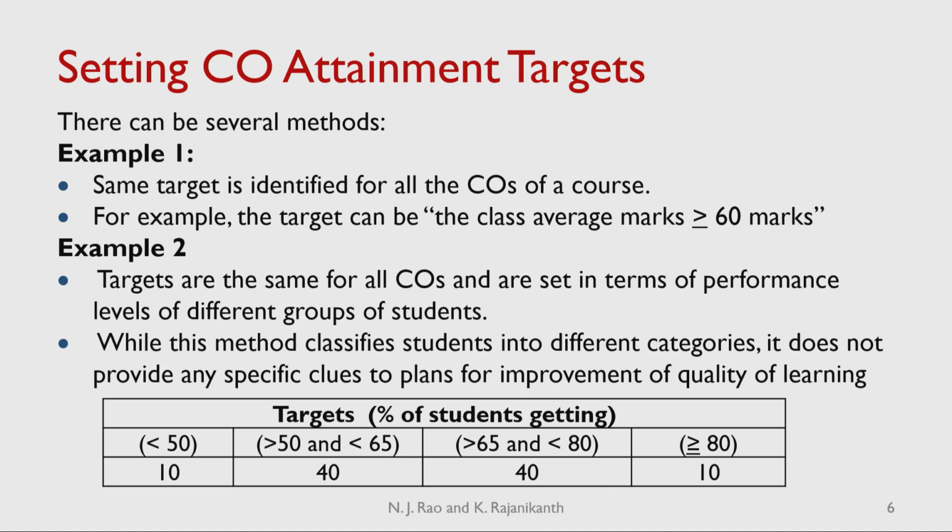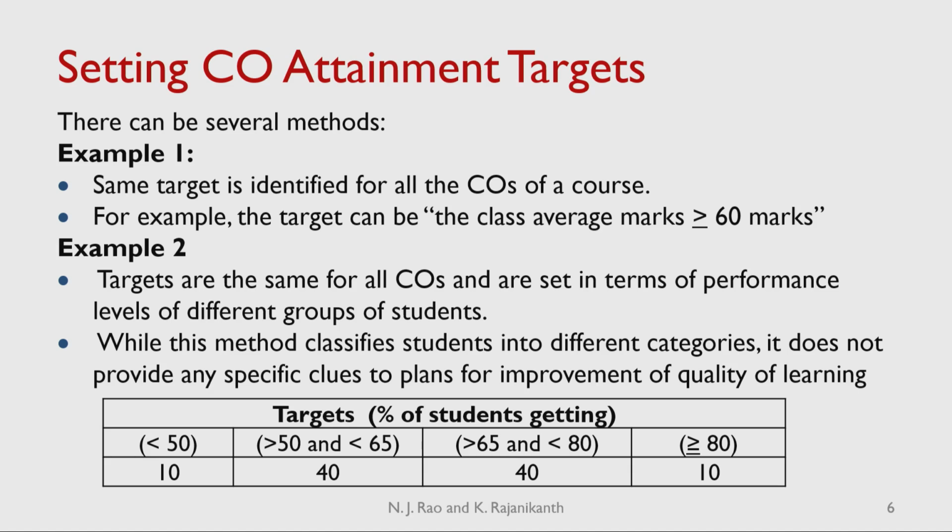Example 2 shows a more elaborate method for setting the targets. Targets are same for all the COs, but now the targets are set in terms of performance levels of different groups of students. We say, for example, that the percentage of students getting less than 50% on the average would be 10%. Between 50% and 65% would be 40%. Between 65% and 80% would be again 40%.